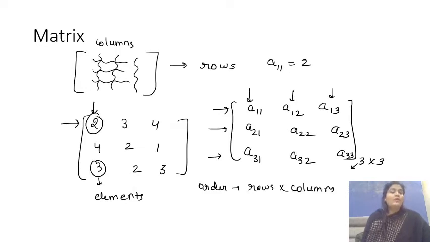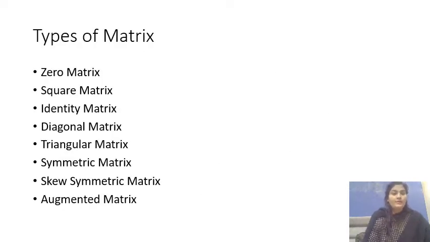Now if we talk about the types of matrix, what are they? Let's see them. Here you can see that in types of matrix we have a huge range: zero matrix, square matrix, identity matrix, diagonal matrix, symmetric matrix, triangular, symmetric, skew-symmetric, and augmented.